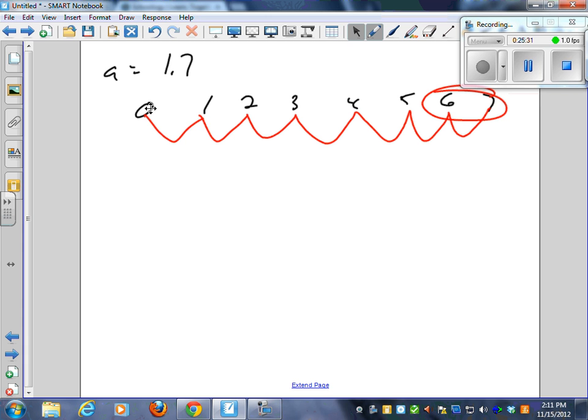So you need to know how far does it go between t equals 6 and t equals 7. In other words, I need to know what the average velocity is for that interval. And the only way to get average is to find the initial and the final. So I go delta v over delta t. My velocity at 6 is equal to 10.2.